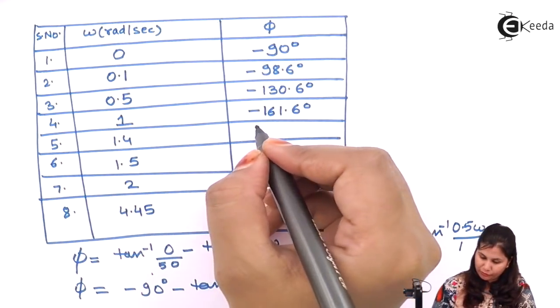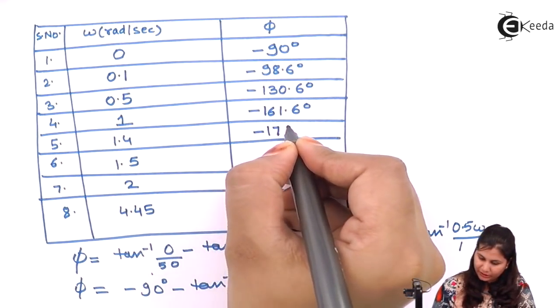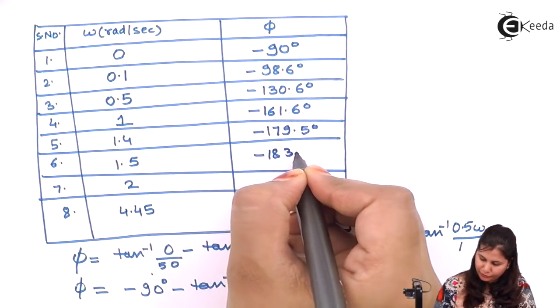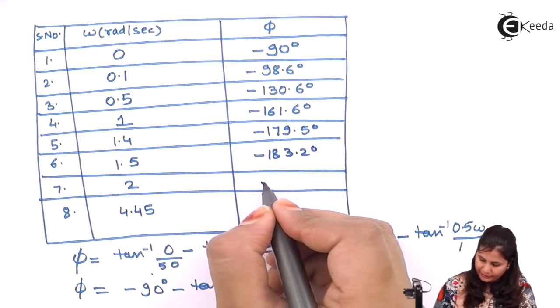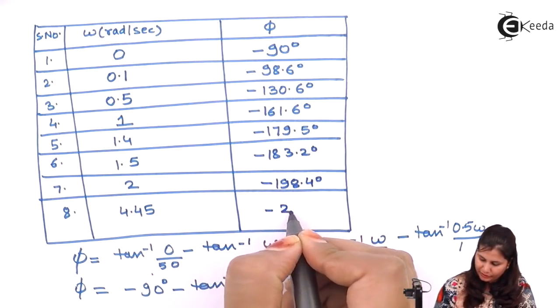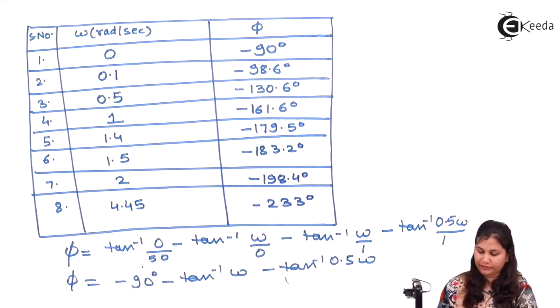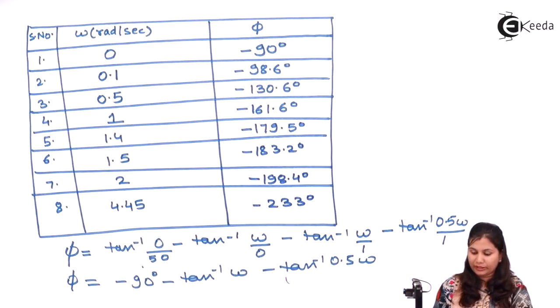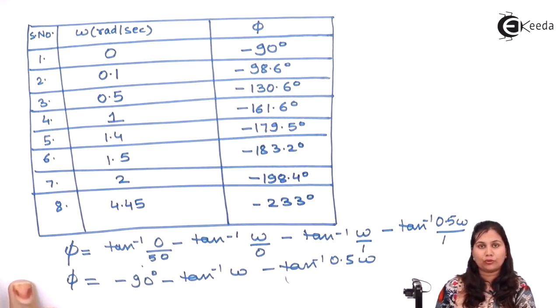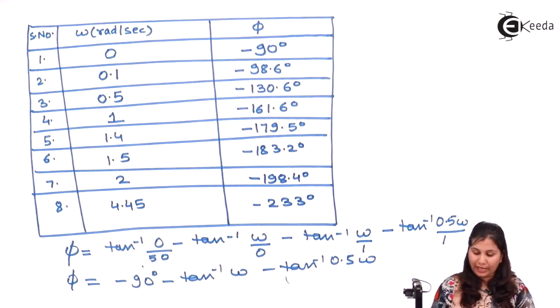So it will come out to be minus 179.5 degrees, minus 183.2, minus 198.4 degrees, minus 233 degrees. So here we have calculated the different values of phi for different values of omega using this phase equation. So we have the table for the phase plot and also we have the table for the magnitude plot.